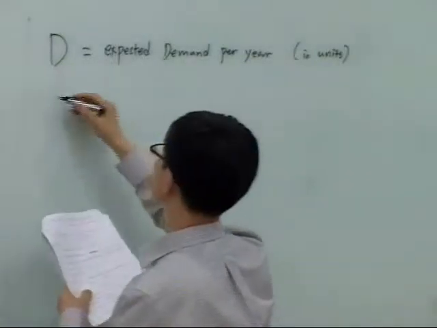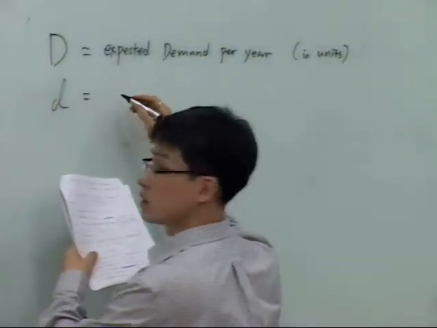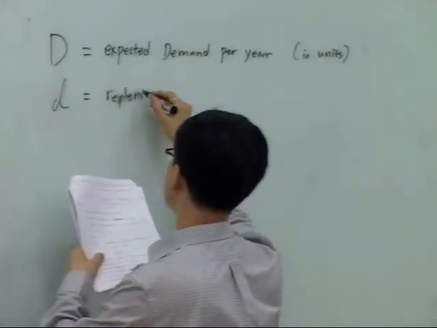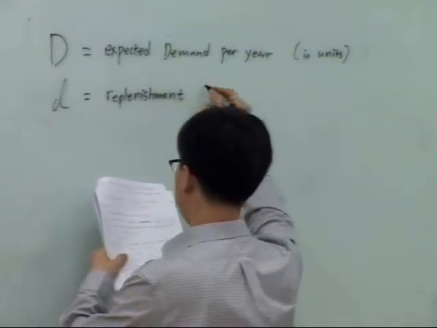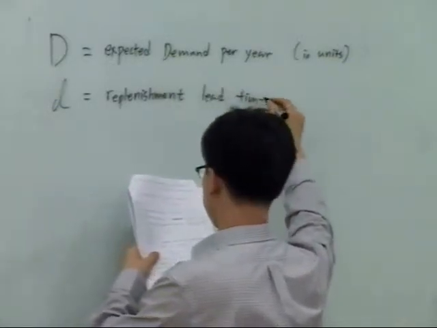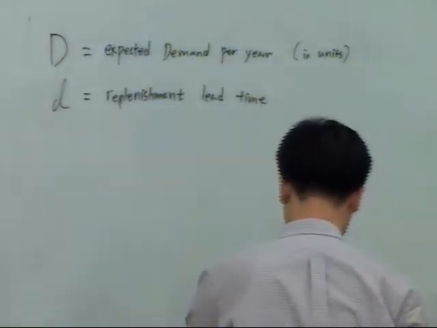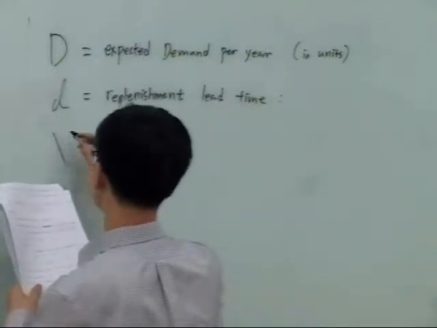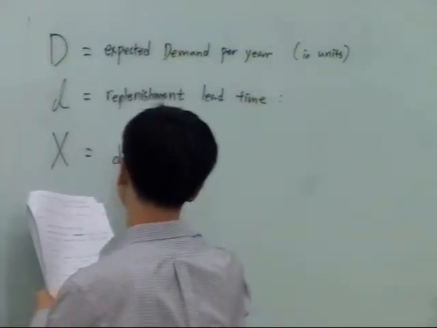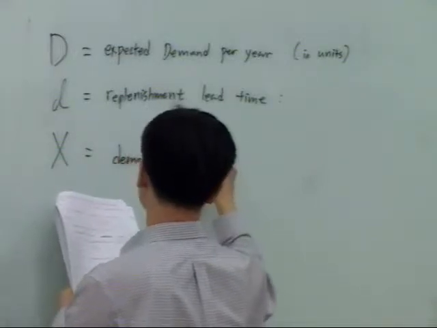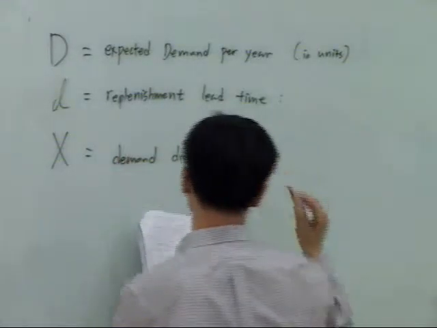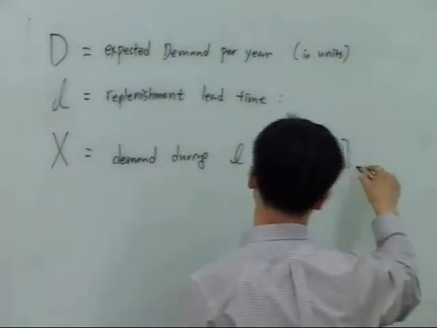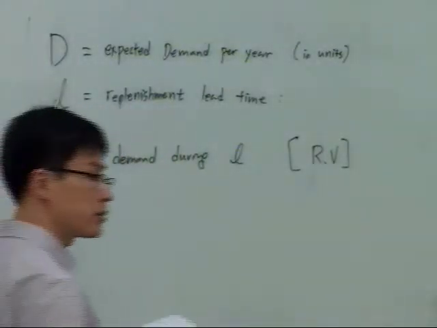L is the same as in the base stock model, the replenishment lead time, and X is the demand during L, and this is also a random variable as in the base stock model.